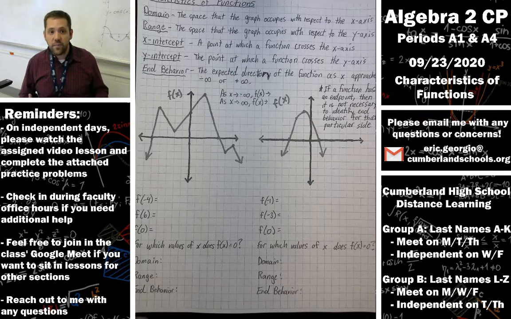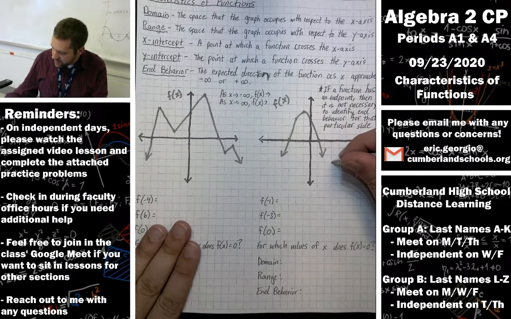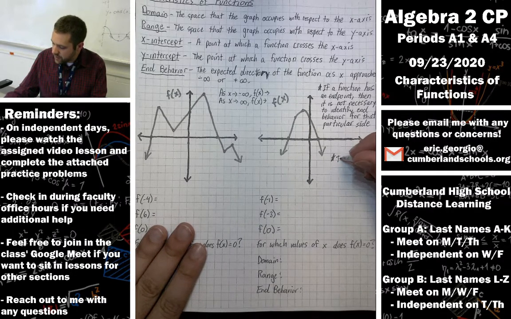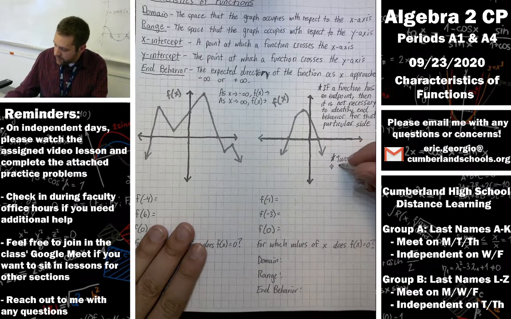If there are two endpoints, then we would actually indicate that there is no end behavior, okay? So I'll make one more note. I wish I kind of left myself a little bit more space here, but I'll make one more note and I'll say two endpoints implies that there is no end behavior.